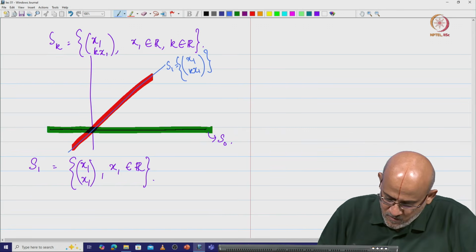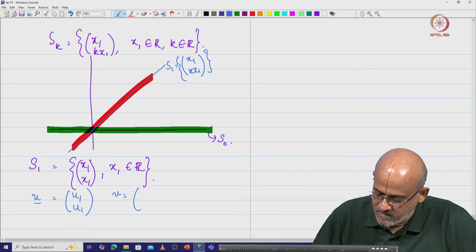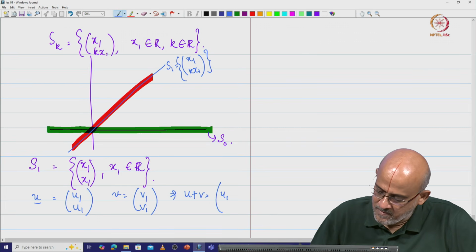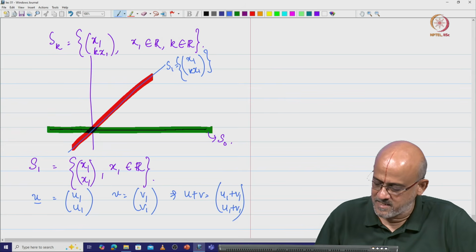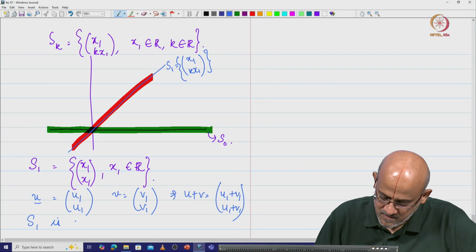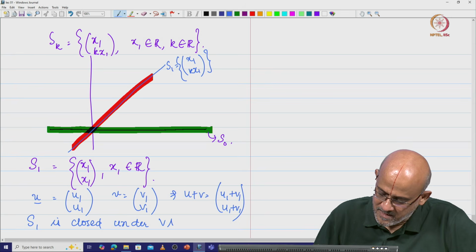Now, I am going to take two vectors here, u equal to u1 comma u1 and v equal to v1 comma v1. So, we have u plus v equal to u1 plus v1 comma u1 plus v1, which means the first and second components are the same. Therefore, S1 is closed under vector addition.